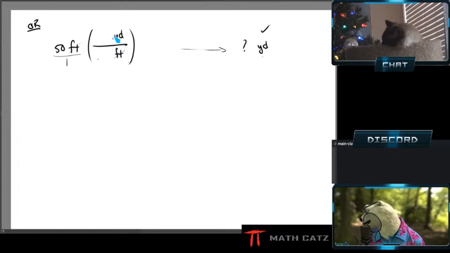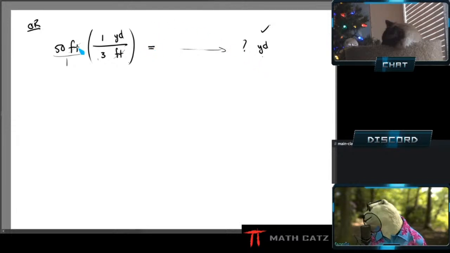This reference pair is going to be 1 yard and 3 feet, which is essentially the same length, right? So I'm not changing the original length of 50 feet because 1 yard is exactly the same as 3 feet. This is sort of like multiplying by 1. I'm not changing the original quantity. I'm simply converting it to a different unit.